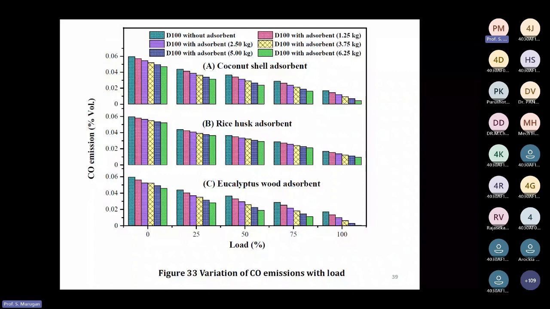We ran the diesel engine with 100% diesel, with and without adsorbent. The adsorbent was packed at different masses: 1.25, 2.5, 3.75, 5, and 6.25 kg of activated carbon was filled in the adsorption chamber, and then we ran the engine at different loads with diesel as a fuel.